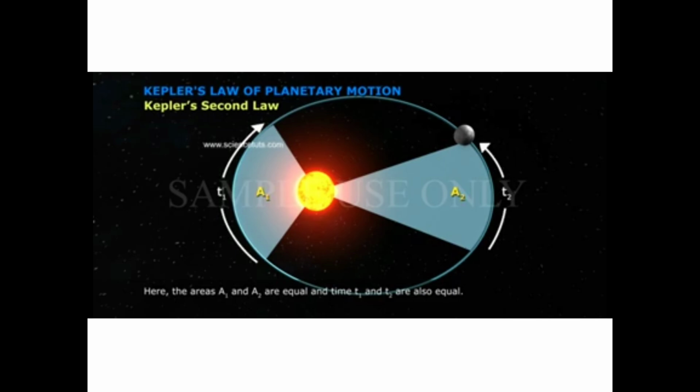It has more kinetic energy near the perihelion and less kinetic energy near the aphelion, which implies more speed at the perihelion and less speed at the aphelion. Let r be the distance of the planet from the Sun at perihelion, the minimum, and at aphelion, the maximum.